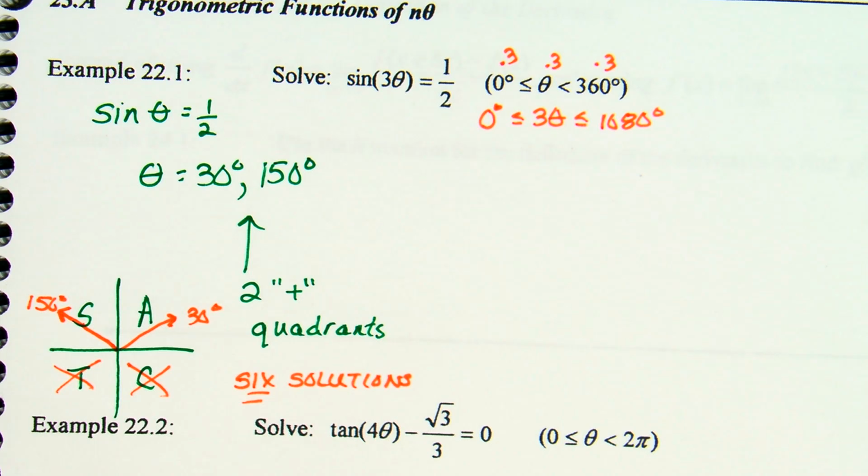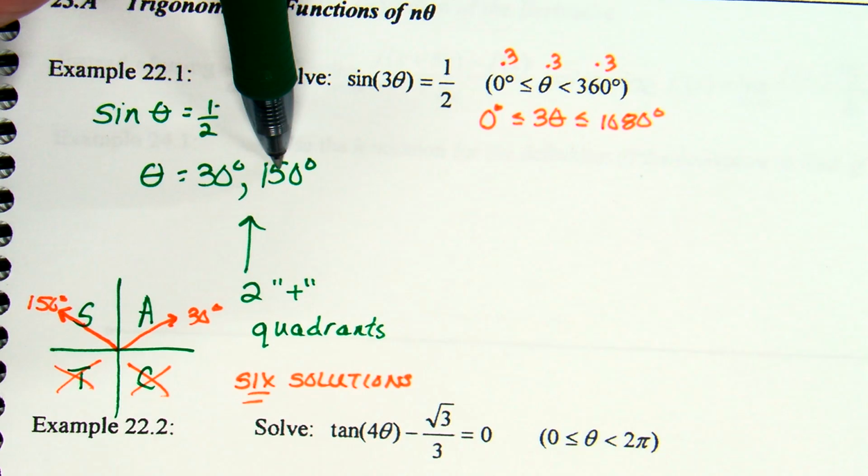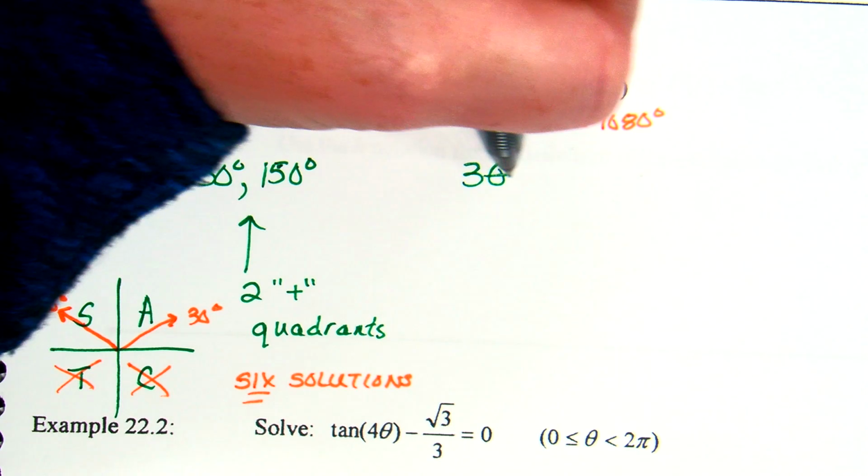So, first time, we're going to use these two answers right here, yes? And what we said is sine of theta equals 1/2 at 30 and 150. So 30 and 150 are essentially going in place of 3 theta. So we're going to take 3 theta and set it equal to 30 degrees and 3 theta and set it equal to 150 degrees.